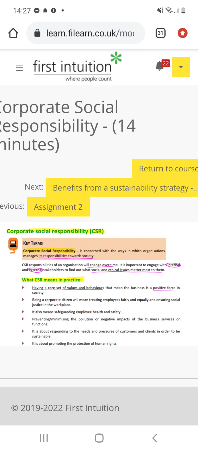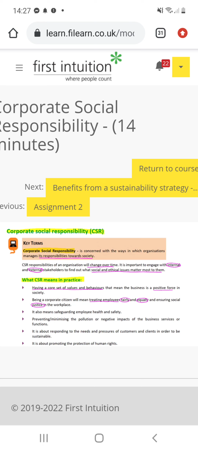And this can mean that being a corporate citizen is treating employees fairly and equally and ensuring social justice in the workplace. So it's about how we treat our employees. These are likely people that we interact with every day. They're part of our business and they have family lives as well. They could also potentially be customers as well.